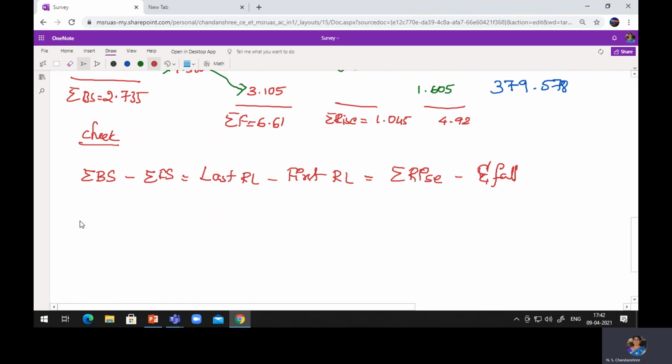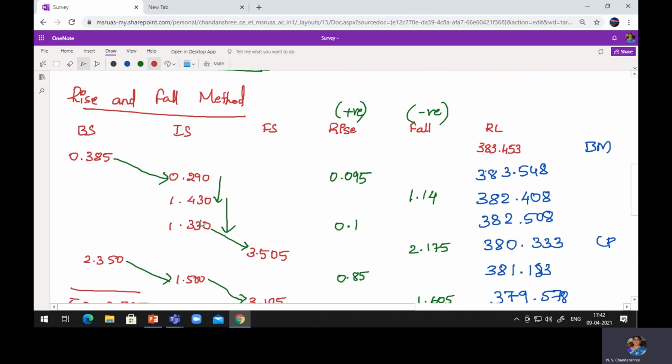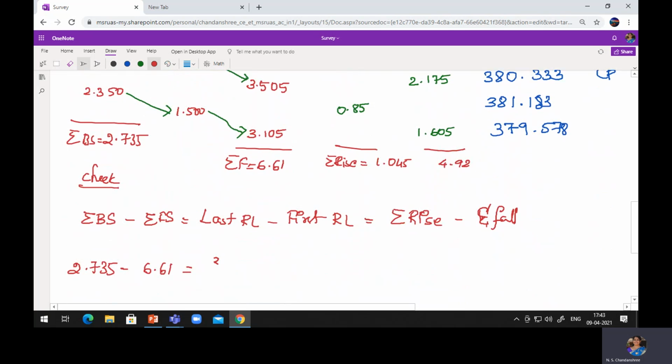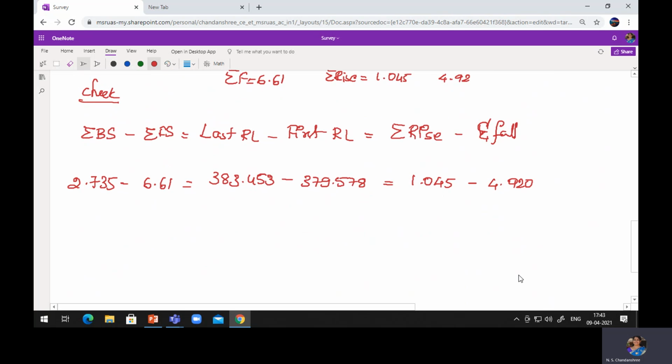So when we substitute those values, this is 2.735 minus 6.61, which is equal to first RL, 383.453, minus last RL, 379.578, which is equal to sigma rise, 1.045, minus 4.920.